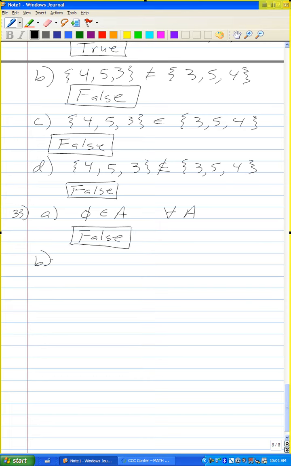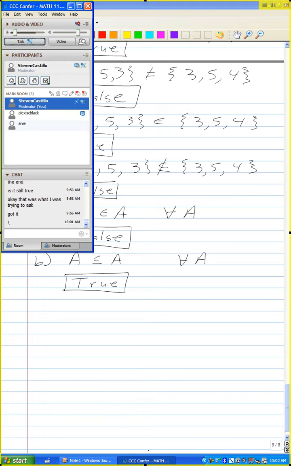B. Is every set a subset of itself? Well, that's certainly a true statement. Every member of A is a member of A, and so, since every member of A is a member of A, it is a subset.